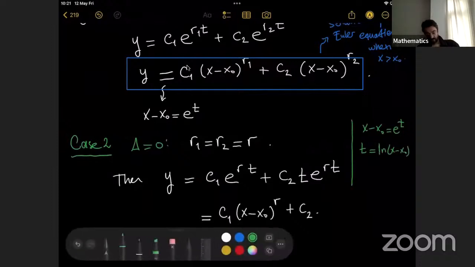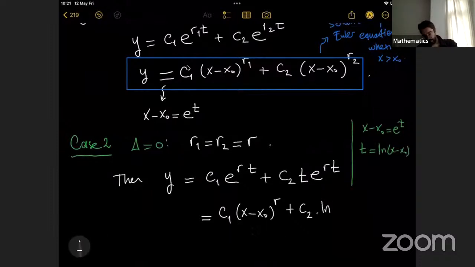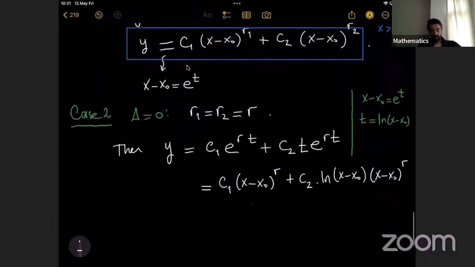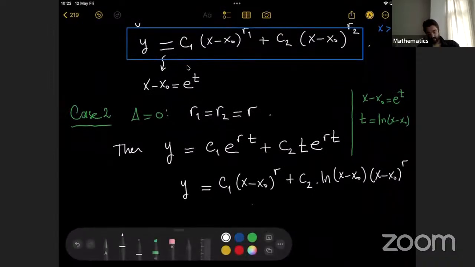So we have ln x minus x0 times e to the rt, which is again x minus x0 to the r. We have this as the solution when you have a repeated root, when delta is equal to 0.